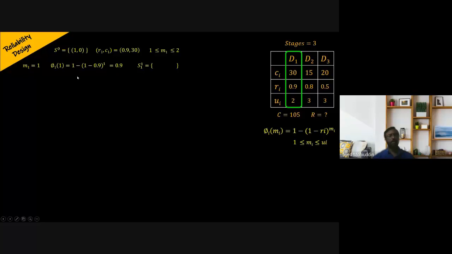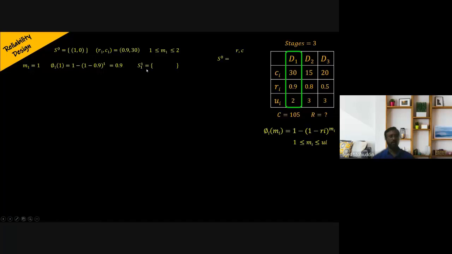But before proceeding with that, we have set S0. We will compute after adding one device, D1, in the system, what will be the value of the set S11. S11 means this R1 comma C1 tuple has to be applied to S0.